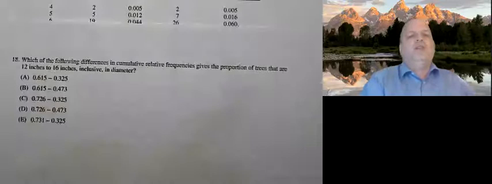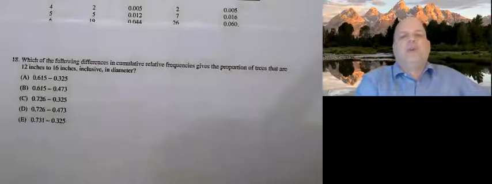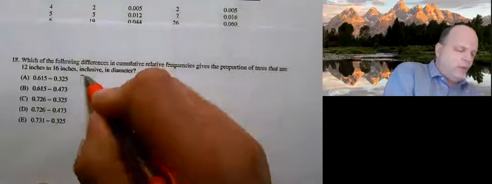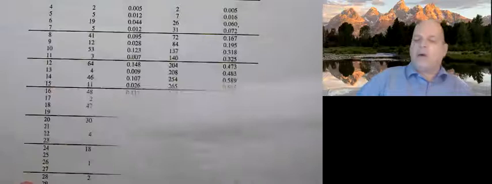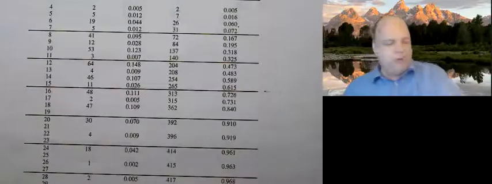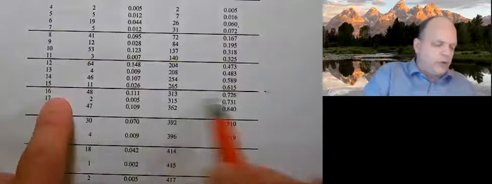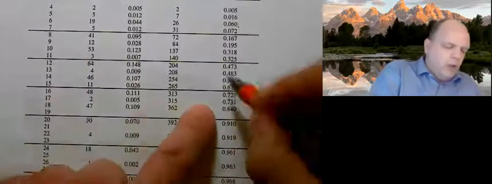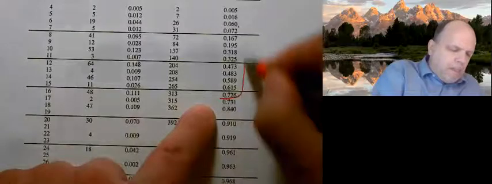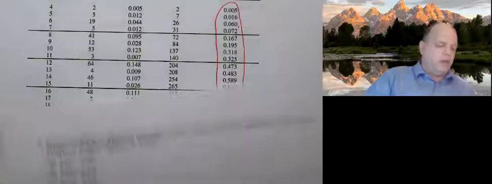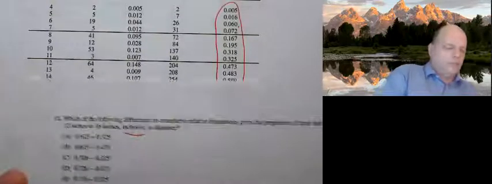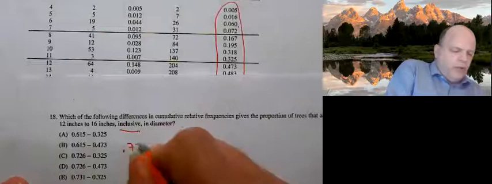Number 18: which of the following differences in cumulative relative frequencies gives the proportion of trees that are 12 inches to 16 inches inclusive in diameter? So we want 12 to 16 inches inclusive. Let's look at this table. 16-inch trees goes to here, so that's 72.6%, or 0.726.